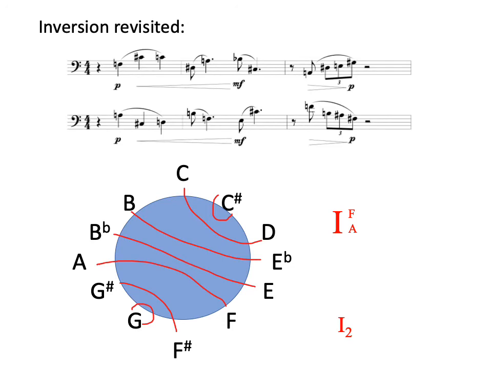And the reason we're calling it I2 is because every number up there, when you add it as a fixed 0 integer, is going to equal either 2 or 14. Right? F is 5, A is 9, that's 14. G is 7, and add G to itself, that's 7 plus 7 is 14. C is 0, and there it is trading places with D, which is 2. C sharp is 1, add C sharp to itself, that's 1 plus 1 is 2.